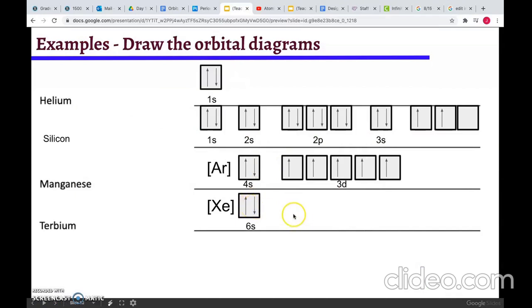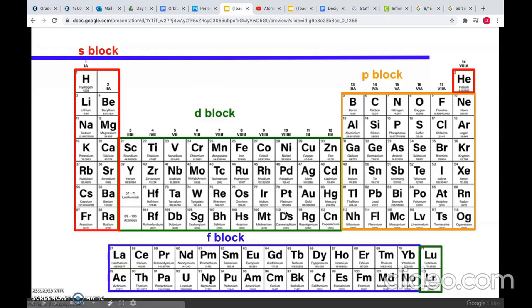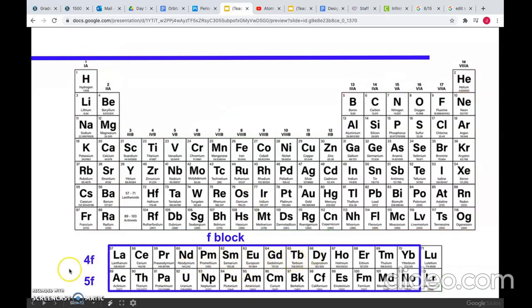And then next we'll fill in the F block for terbium. Remember that for the F block, this is the 4F block. And so we want to fill this in with 1, 2, 3, 4, 5, 6, 7, 8, 9 electrons.